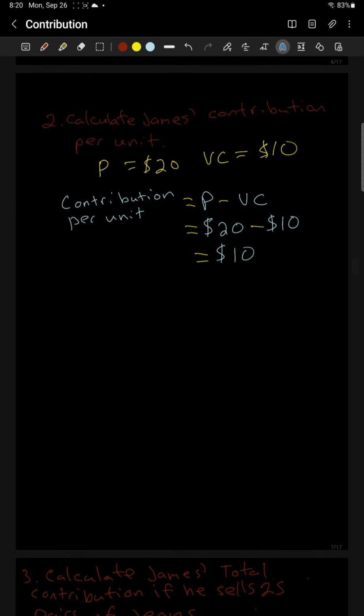Calculate James' contribution per unit. Well, remember the price was $20 and the variable cost was $10, so contribution per unit is P minus VC, so it's price minus variable cost. That's $20 minus $10, so we end up with $10. That's the contribution per unit.